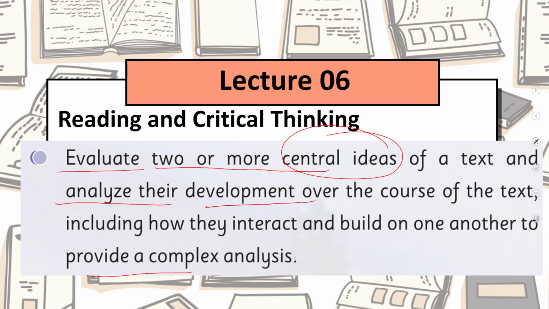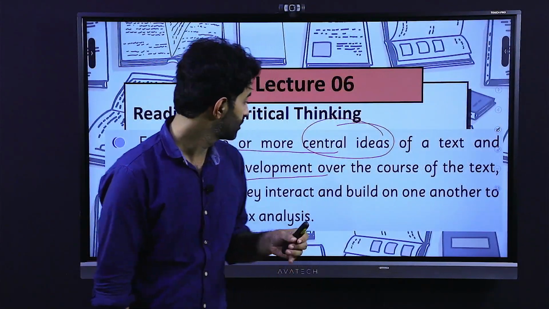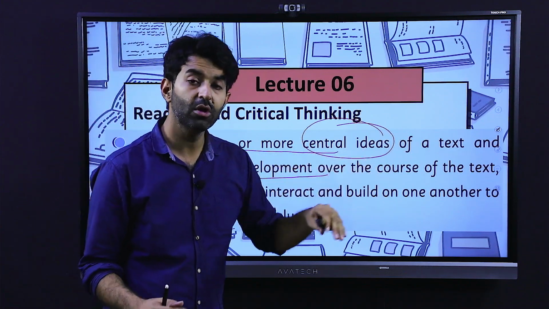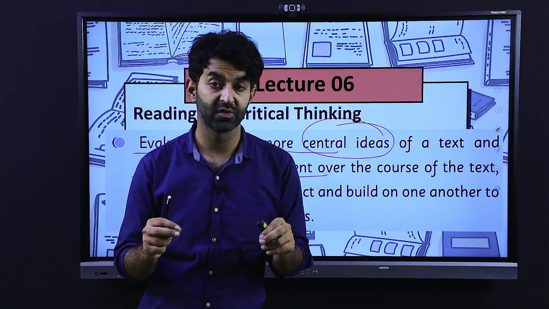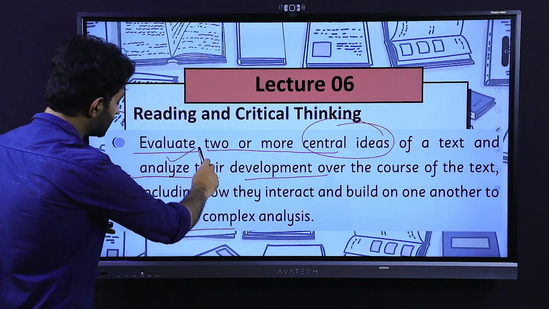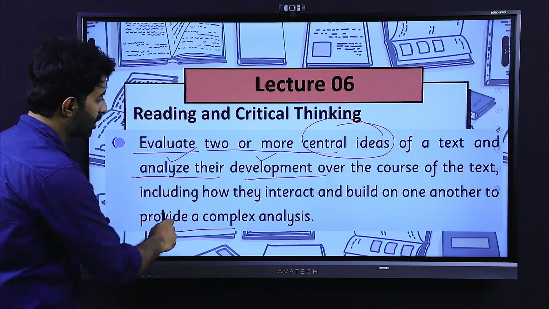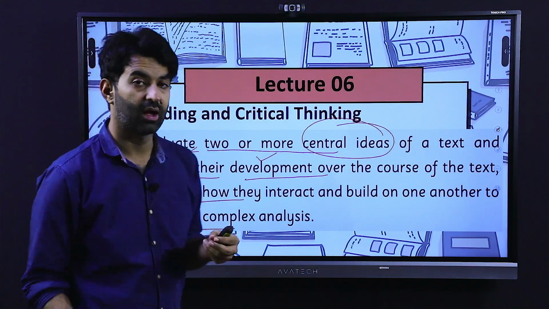We know that when we are reading a text, there could be more than one central idea presented in the text, and we will see how they are developed throughout the whole text and how they interact and build on one another to provide a complex analysis.